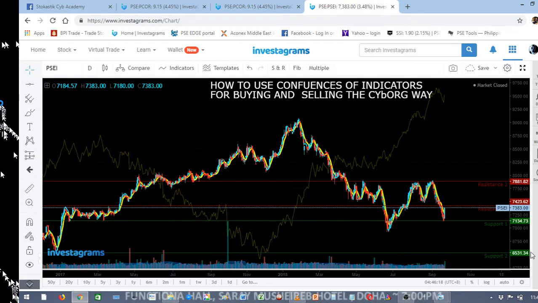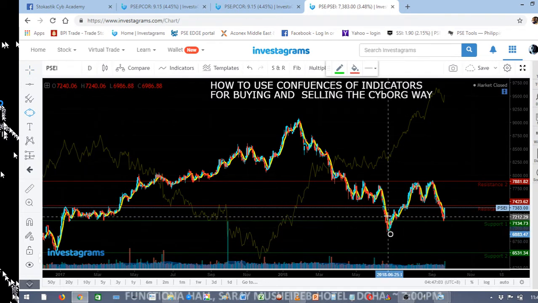By mere looking at the chart and through this Investogram, the level of support 1 of Investa was at 7,100 plus or minus, and the support level 2 is at 6,500 plus or minus, and then the resistance level 1 is at 7,400 plus or minus, and the resistance level 2 is 7,800 plus or minus.